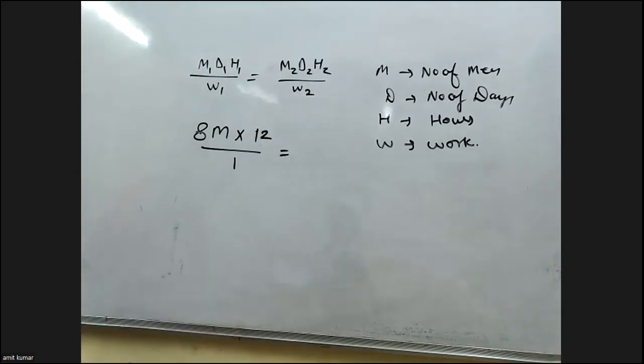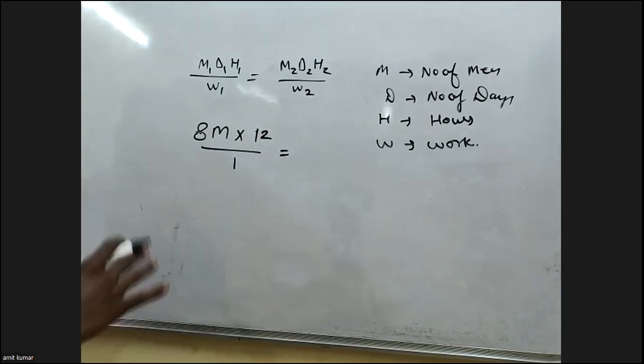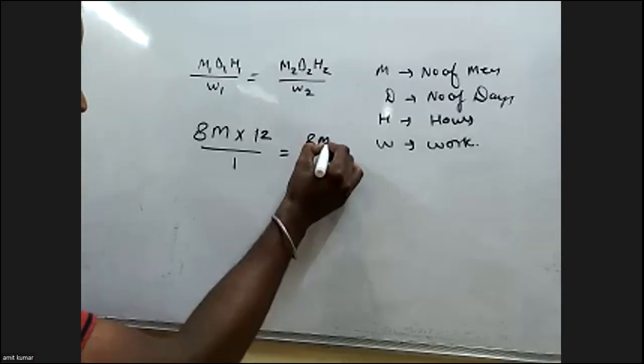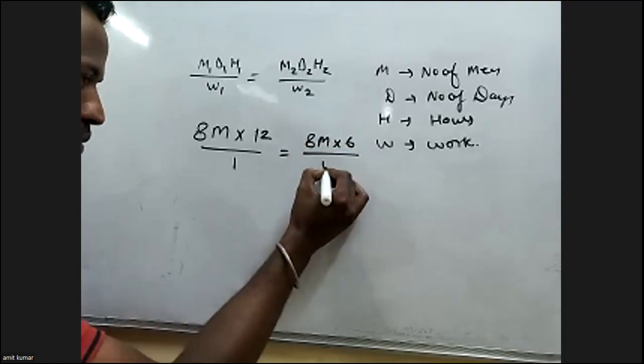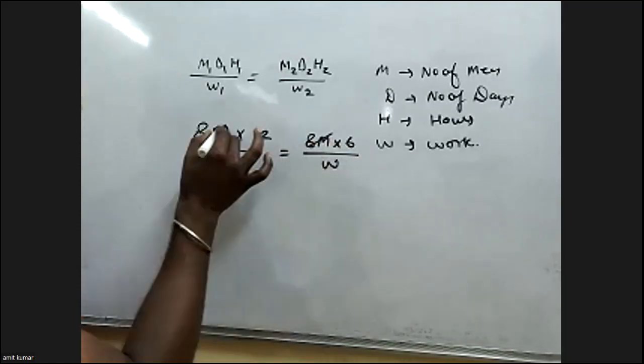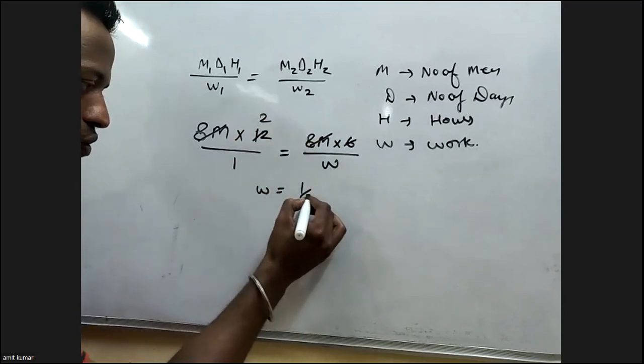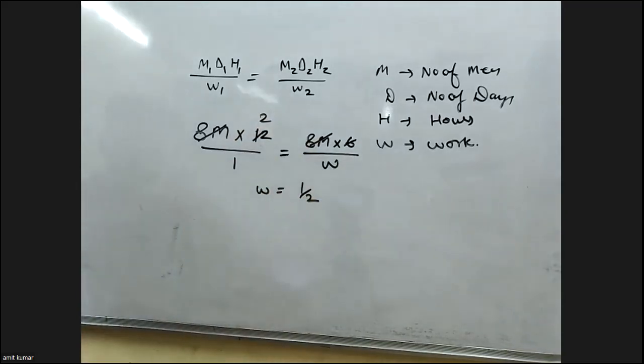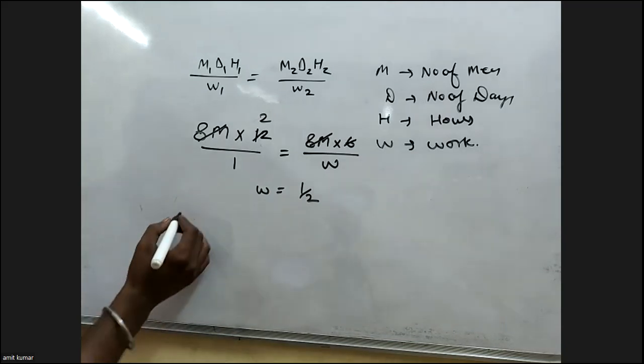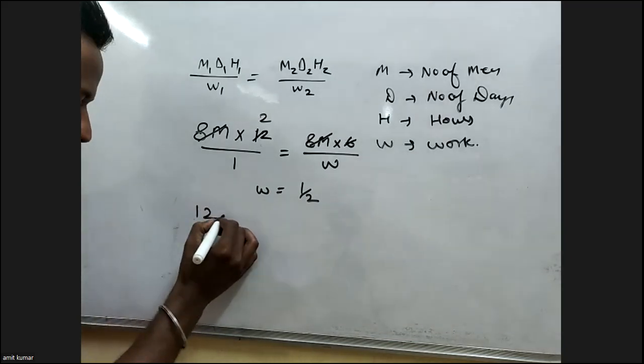Now, after 6 days of work, that is, they have to work for 6 days. 8 men working 6 days, they have completed how much work? Half of the work was completed. Now, after 6 days, 4 more men joined them. So now, 4 more men, so it will be 12 men.